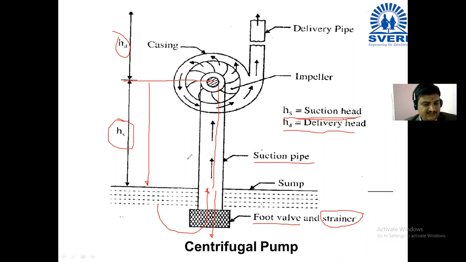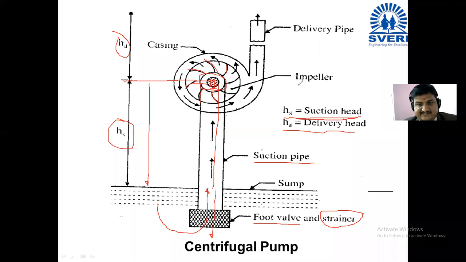Then the next structure is the shaft of the centrifugal pump. This shaft is connected to the impeller, and the blades or vanes are connected to the impeller. When the shaft rotates, the impeller mechanism starts rotating, and these vanes also start rotating. That's why this shaft is very important, the mechanical element inside it.